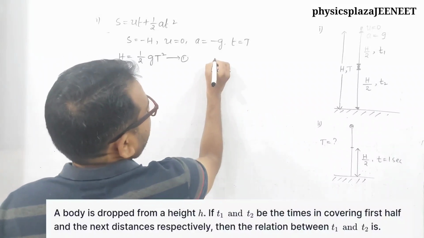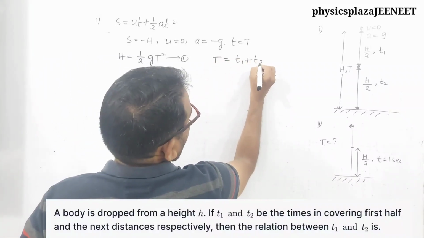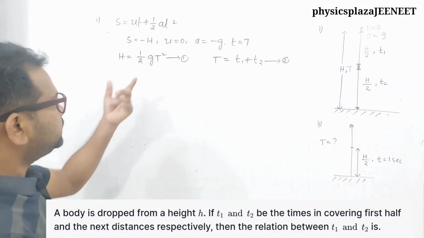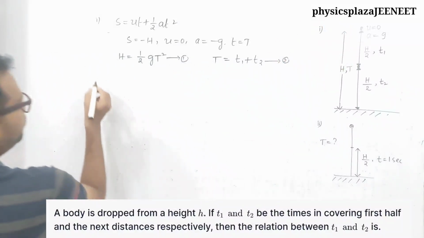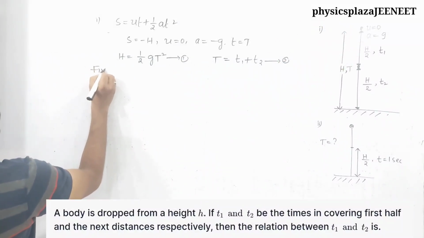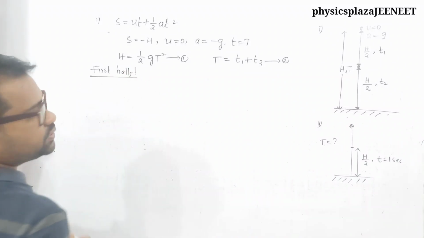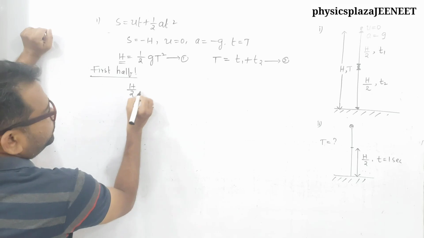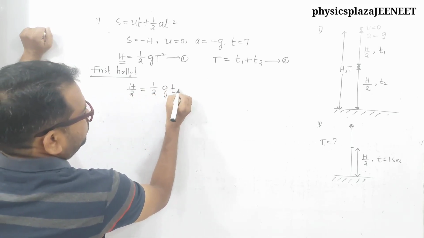Can we write like this, children? The time of flight is equal to t1 plus t2, yes, obviously, equation 2. Now let us apply this first equation only for the first half, for the first half distance. So h by 2 is equal to 1 by 2 g t1 square.